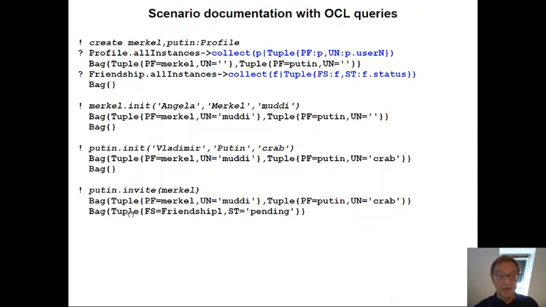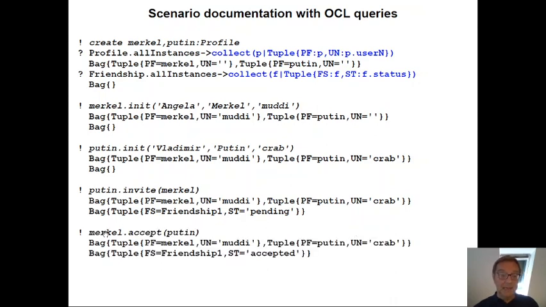When we have the invite, there is suddenly a friendship object available. So the query friendship allInstances is not empty anymore, and we are issuing here also the status of the friendship, and the status of the friendship is pending.